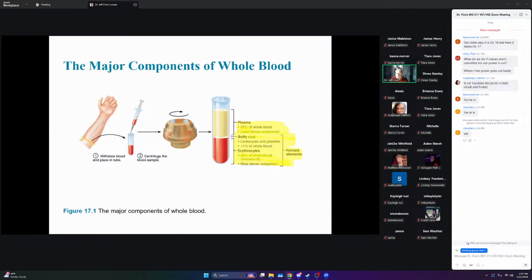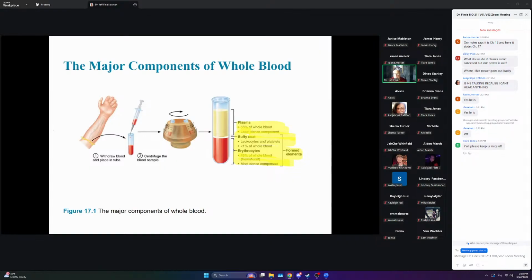The erythrocytes are our red blood cells, and they are essentially the entire 45%. The erythrocytes by far are the most in number. The leukocytes and the platelets make up less than 1% of blood. So 45% are the formed elements, almost exclusively erythrocytes.